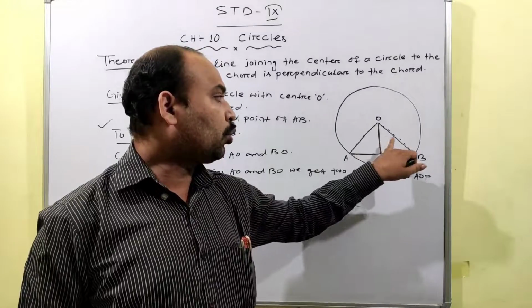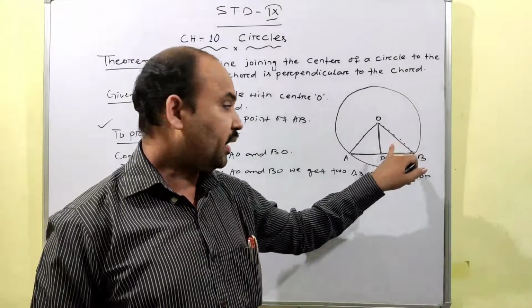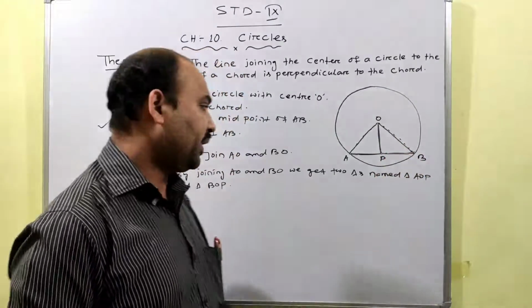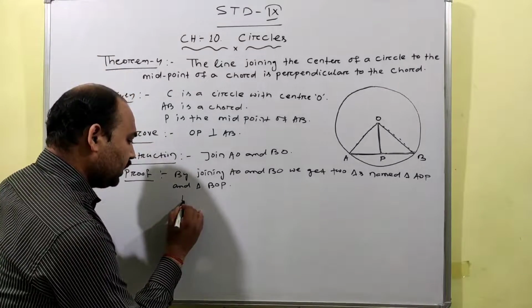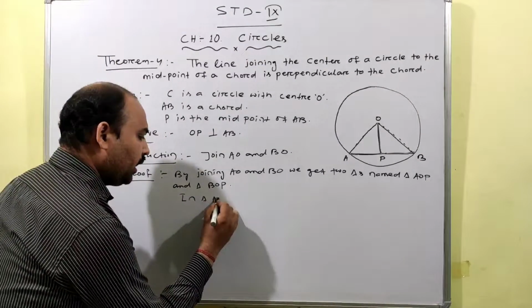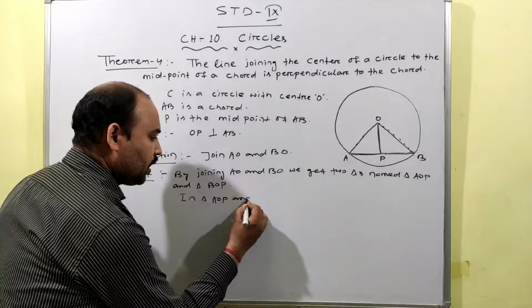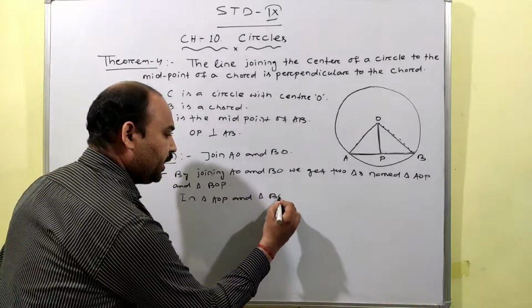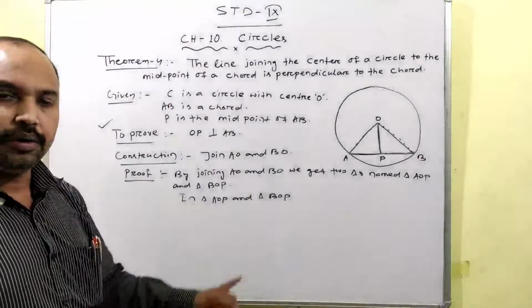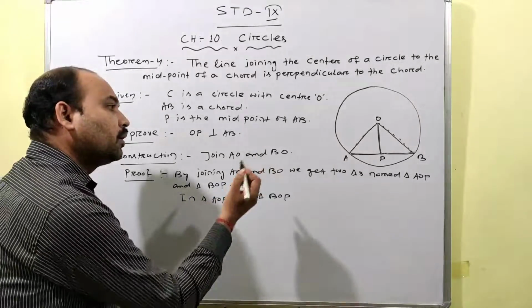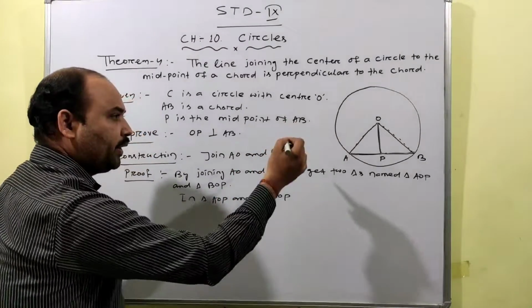We have to prove these two triangles congruent. So write, in triangle AOP and triangle BOP, what is given? First, number one, AO equal to BO.